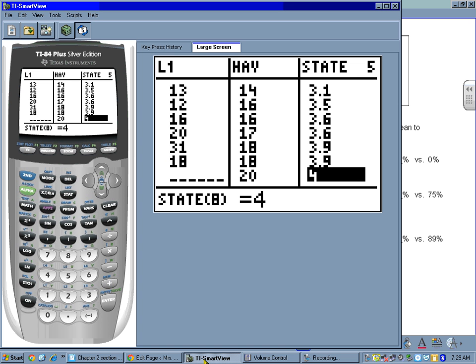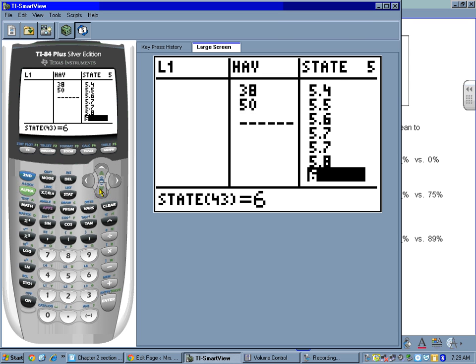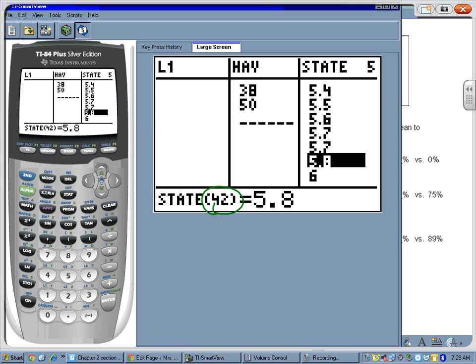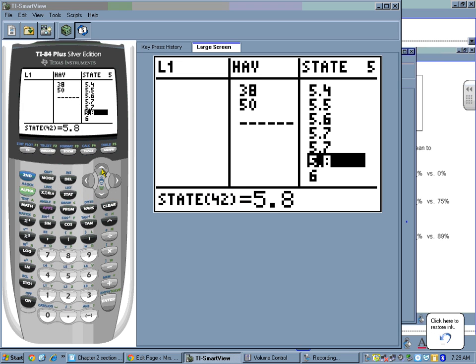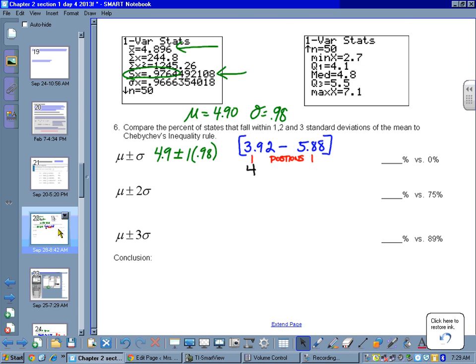That's what the inbounding is. So if we go down here to find the 5.88 or less, it would be position number 42, and I'm getting the position number from right here on my calculator. Going back to my data set, that was position 42, I believe.